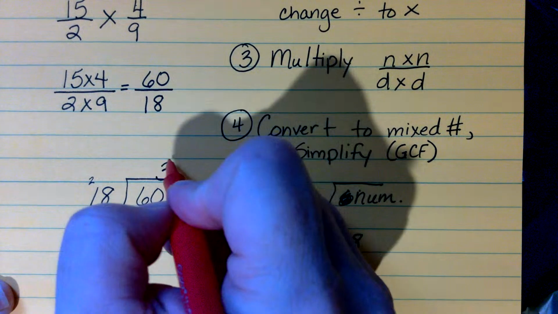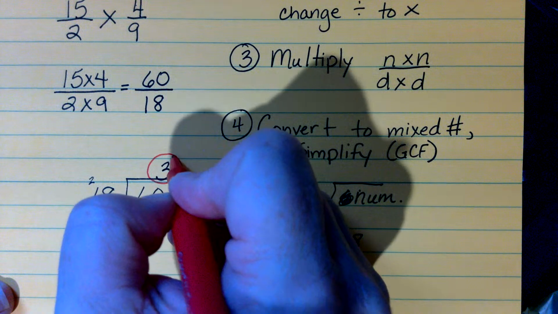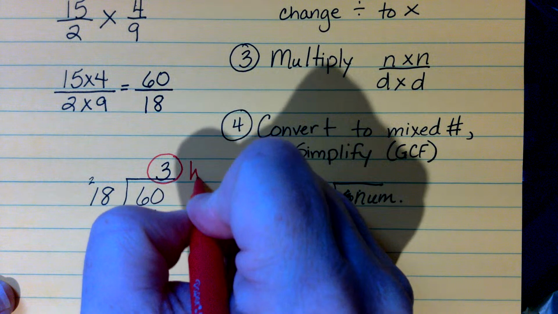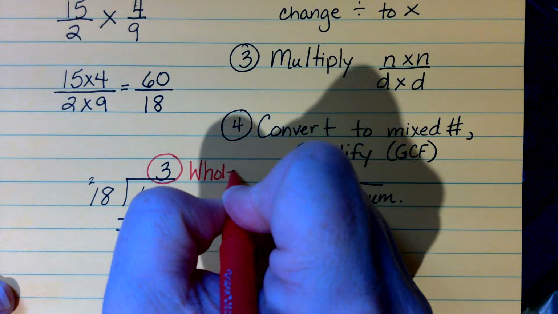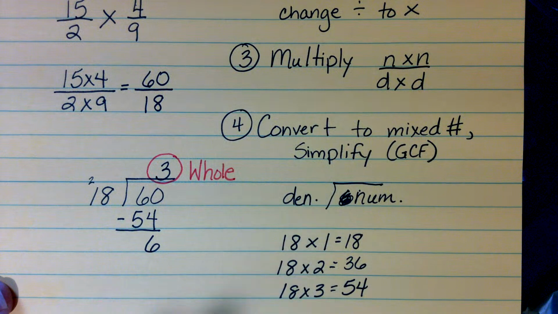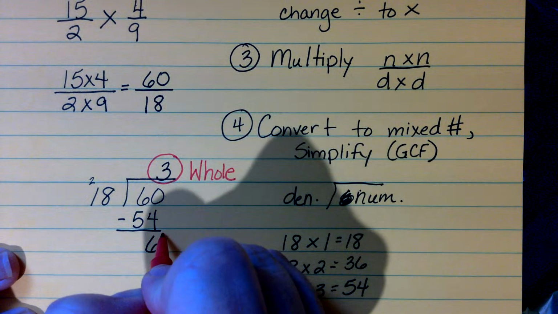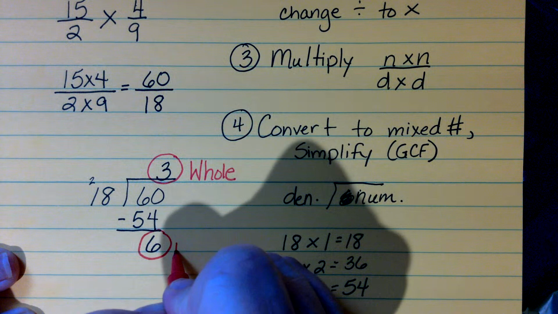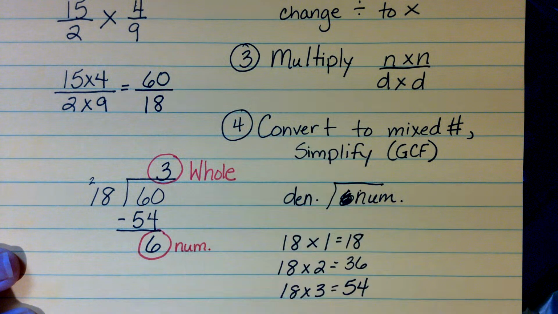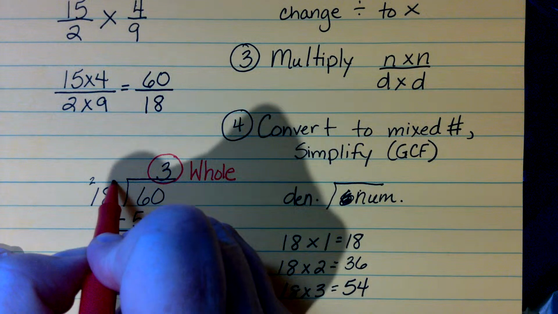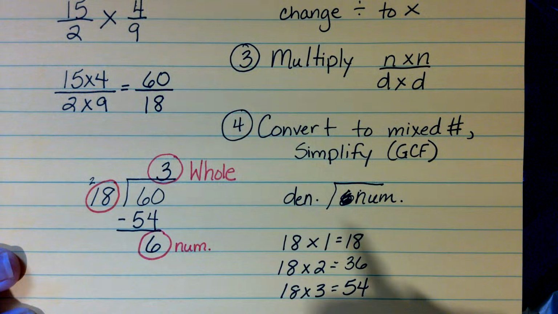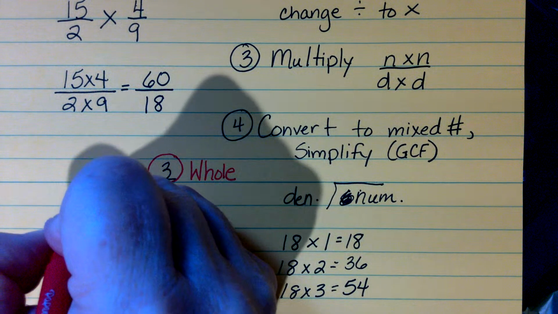So our quotient, which is the answer up here, becomes our whole number, because we're saying we can pull out 3 whole pieces with 18 in them out of 60 pieces. When we do that, we have 6 pieces left over. Remember, when we're talking about pieces out of something, that's going to be our numerator. And because this was our original denominator and it's what we divided by, this is still going to be our denominator.